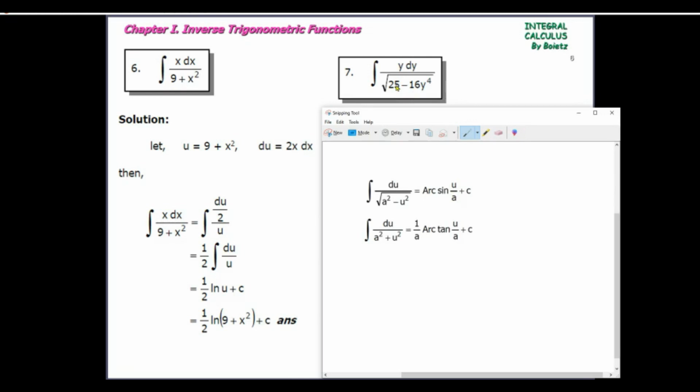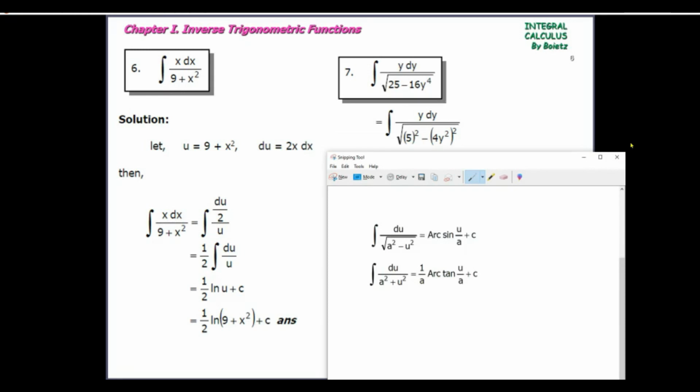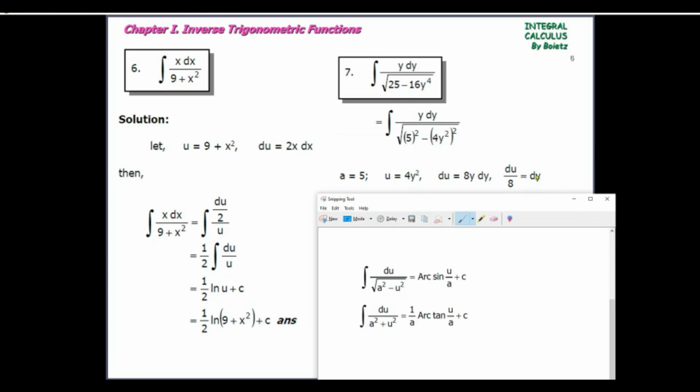So, i-square root mo to, magiging 5 squared, tapos ito, square rootin mo to, 4y squared squared. Then, using ito, your a is equal to 5. Then yung u mo is 4y squared. Then therefore, if you will take the derivative nito, du, this one becomes 8y dy. May y dy doon. So therefore, kulang na naman na isa dito. Typographical error, sorry.